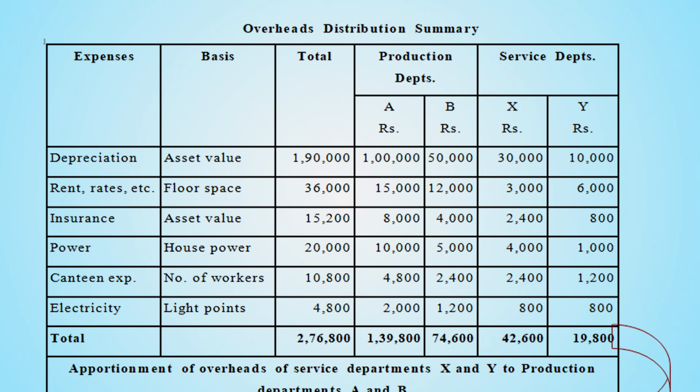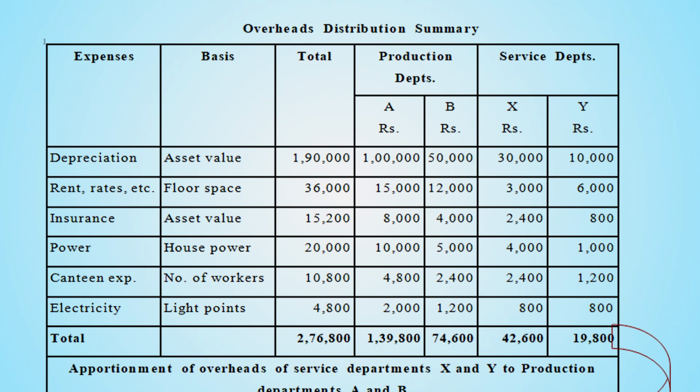Total amount given is rupees 10,800. The allocation for department A comes to rupees 4,800, for B comes to rupees 2,400, for service department X it comes to rupees 2,400 and for Y it comes to rupees 1,200.